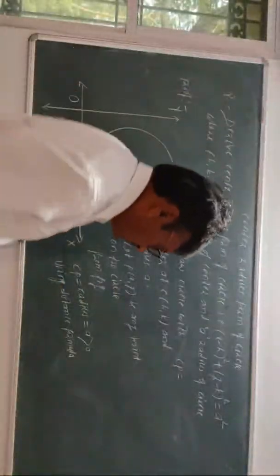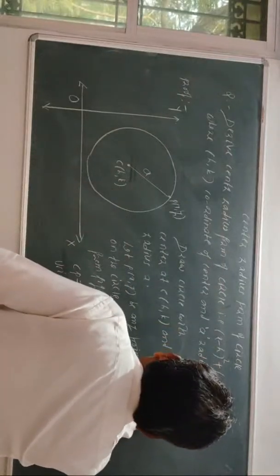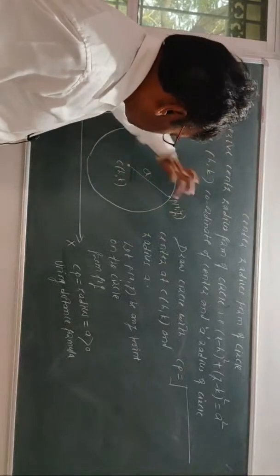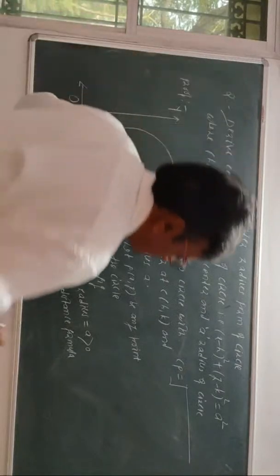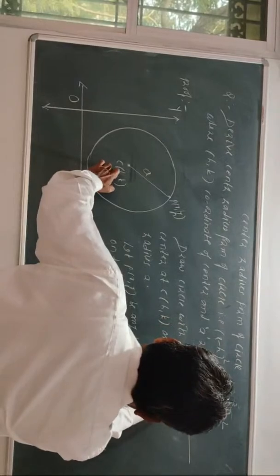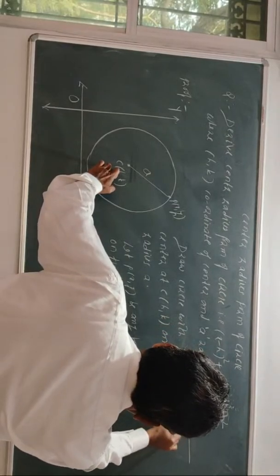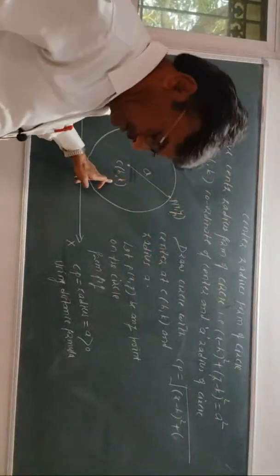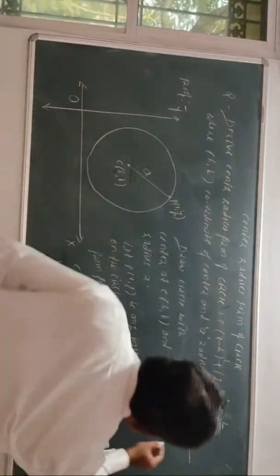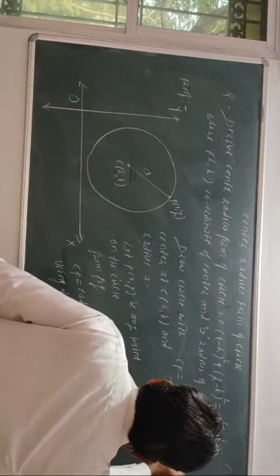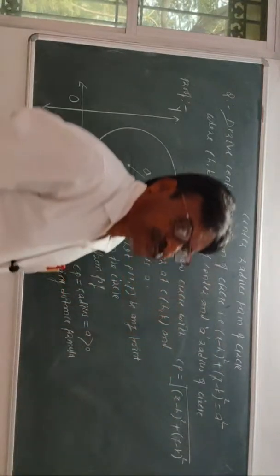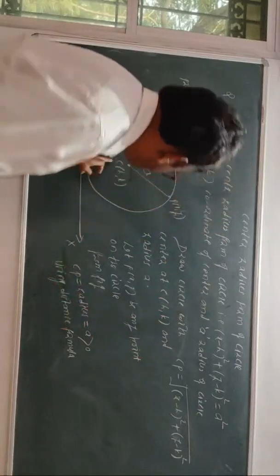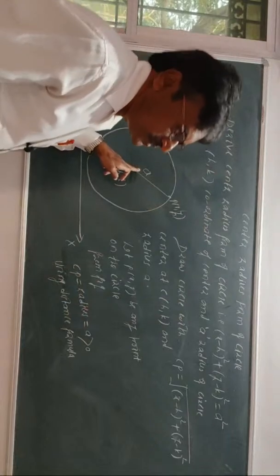We use the same result here and get CP: x minus h whole square, the difference between x coordinates, plus the difference between y coordinates, y minus k whole square. But CP is equal to a, the radius of the circle.